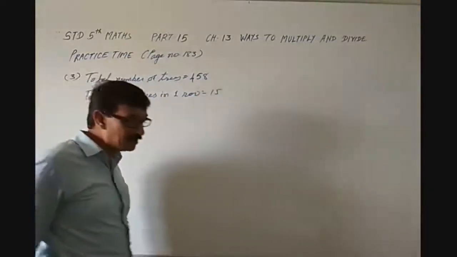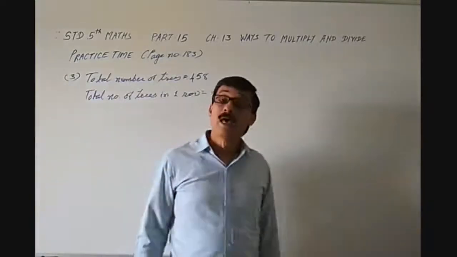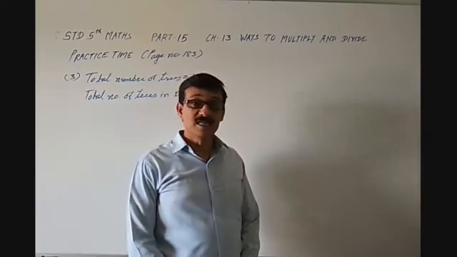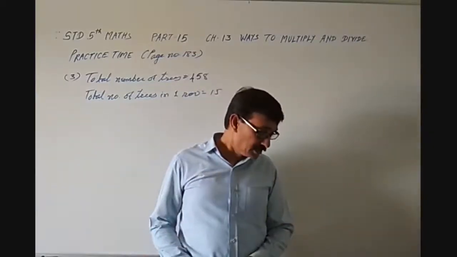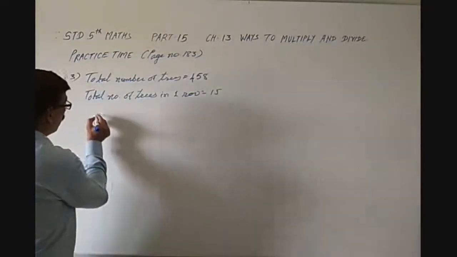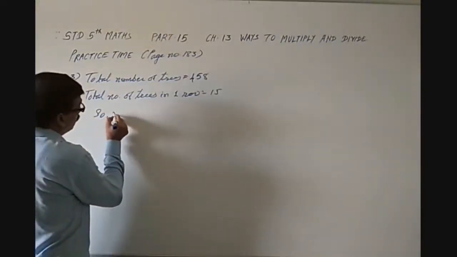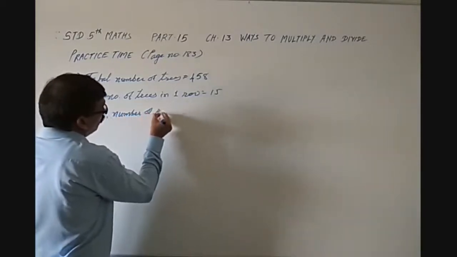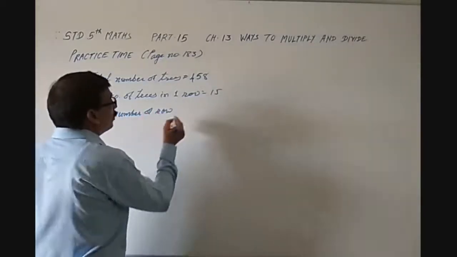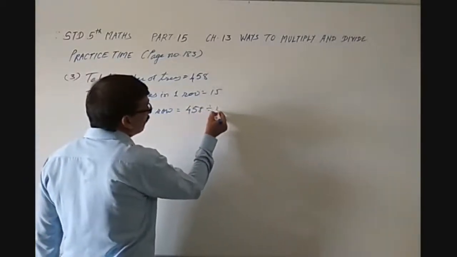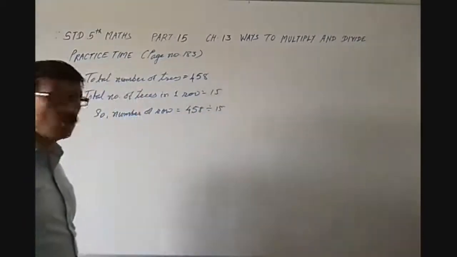Why? Because the gardener decided to grow 15 plants in one row. Hence, the number of rows required is equal to 458 divided by 15. So we have to go for this.